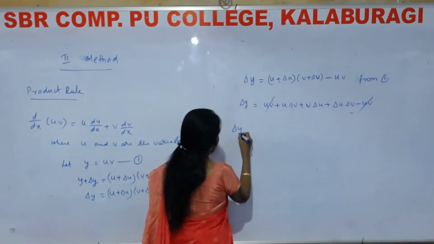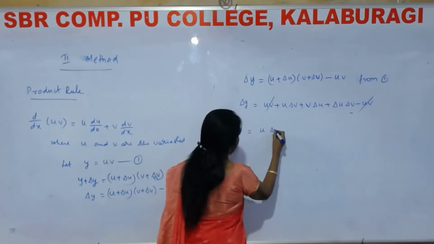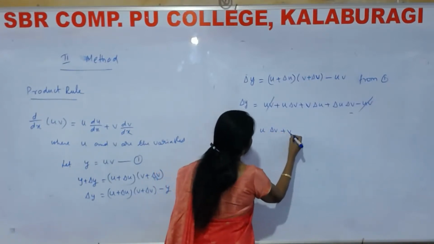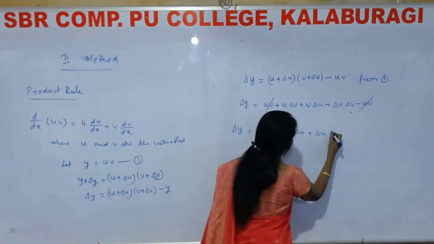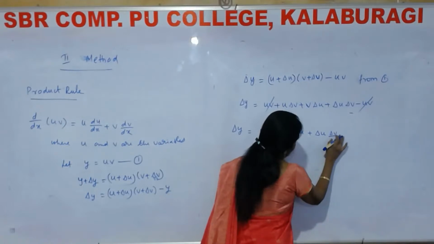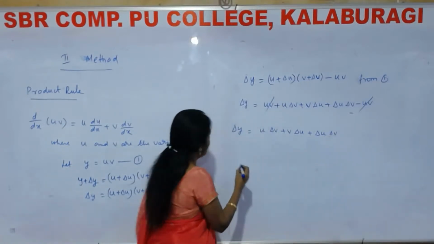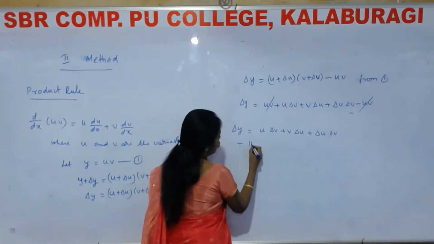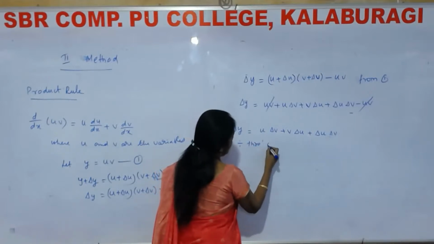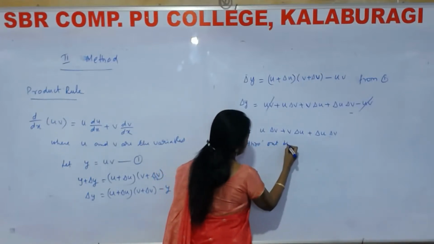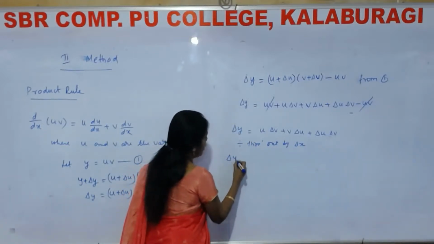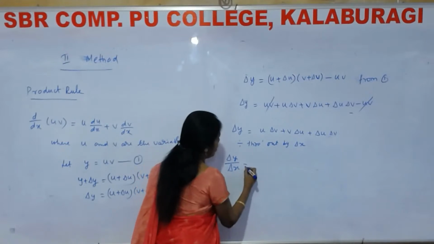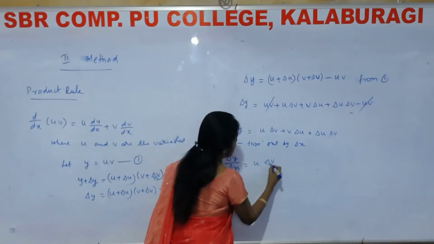Now delta y equals u into delta v plus v into delta u plus delta u into delta v. Okay? Divide throughout by delta x. Delta y by delta x equals u into delta v by delta x.